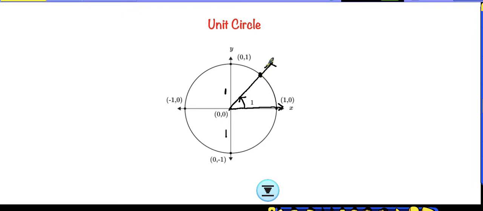So in today's and tomorrow's lesson, we are going to focus on how to find the coordinate of this point. Look closely. I'm going to erase this one to make it easy to see.